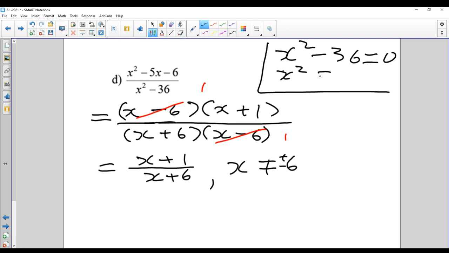X squared equals 36. And then square root it. Isn't that true? So the square root of the x squared is equal to the square root of 36. And that's, of course, plus and minus 6. That's one way we could have done it. Right? Just simply ask what makes the denominator equal to 0. Yes, Jahim?